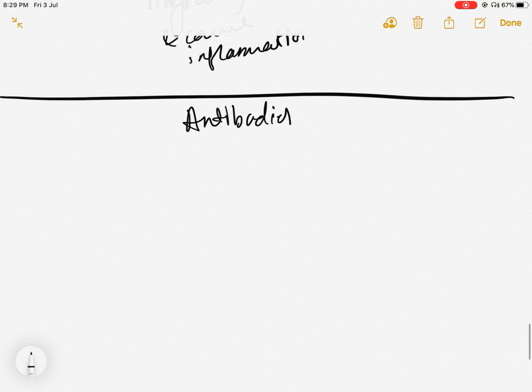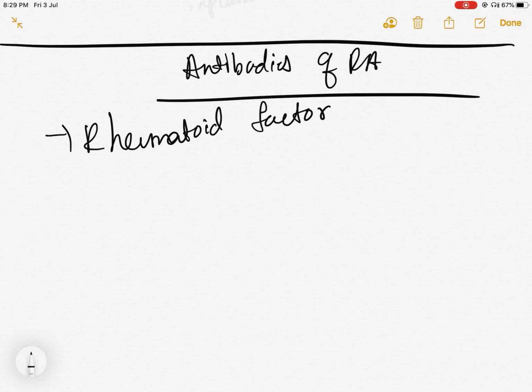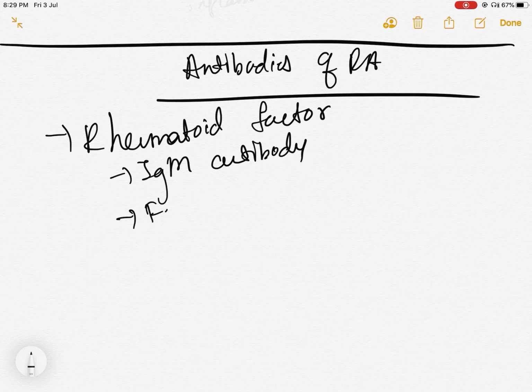The first important antibody which is produced is rheumatoid factor. Rheumatoid factor is an IgM antibody produced against the Fc portion of IgG.